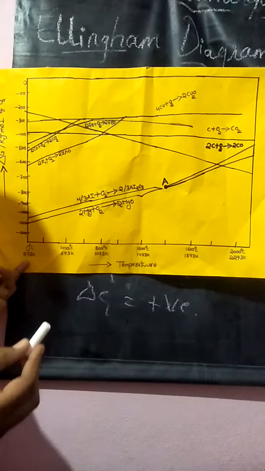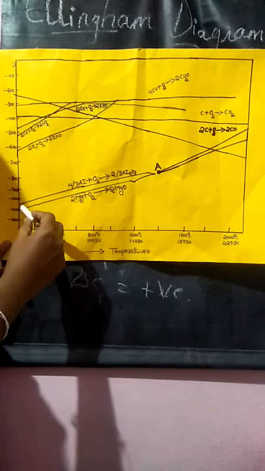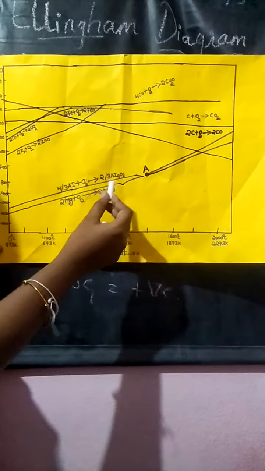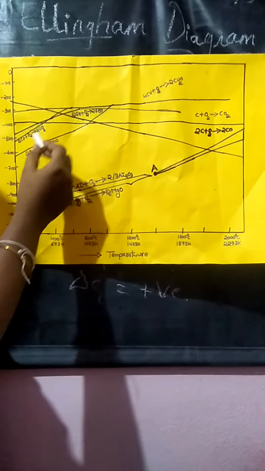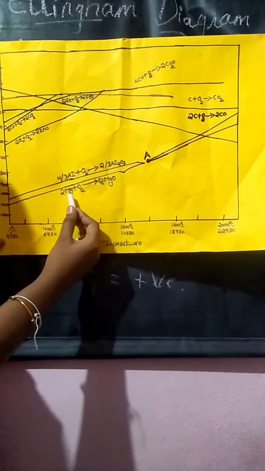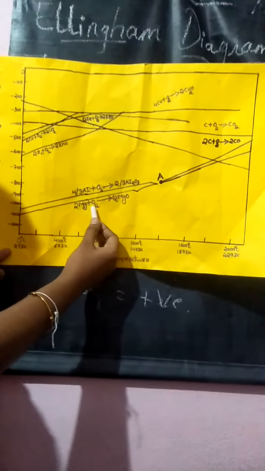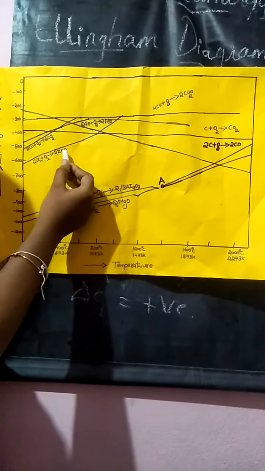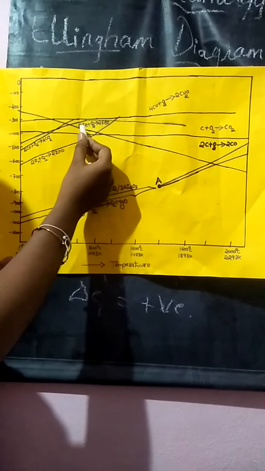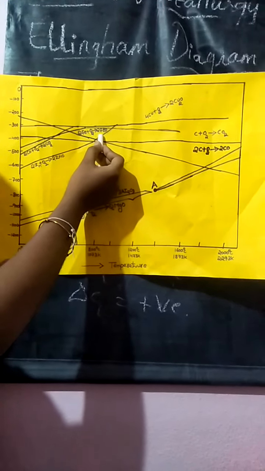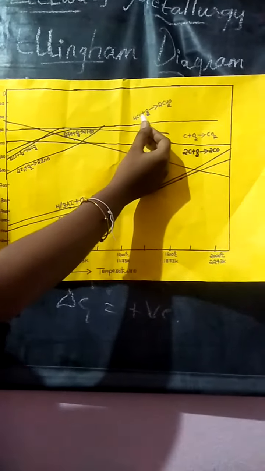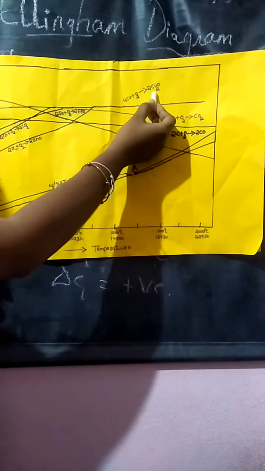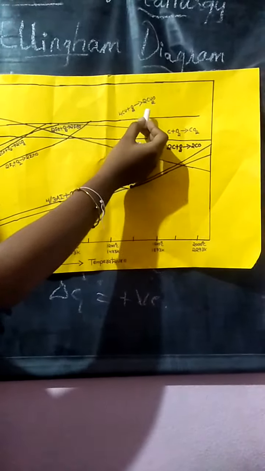And the next point, if you see here, we can see all the lines or the curves on the graph, where these curves are representing, if you see one of the equations here, magnesium combining with oxygen to give magnesium oxide. So all metals are converted from their metallic form to their oxide forms. Here copper reacts with oxygen, forming its oxide form, cupric oxide.